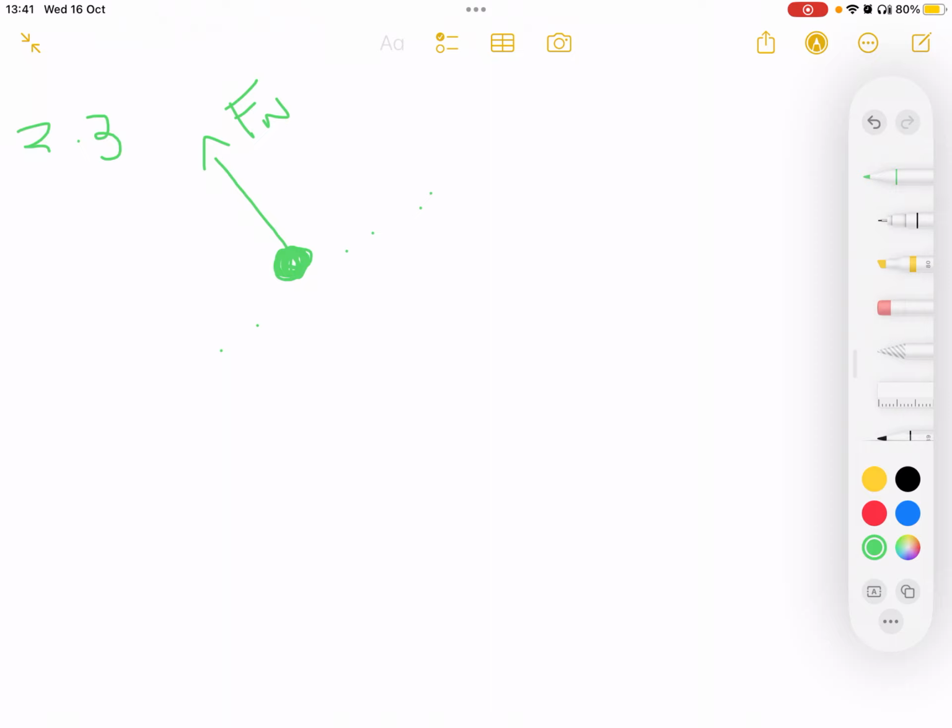Then take it back to the normal paper and draw your Fg straight down because it's always going down. And I'd advise learners to avoid drawing components, as you will see in the next question.